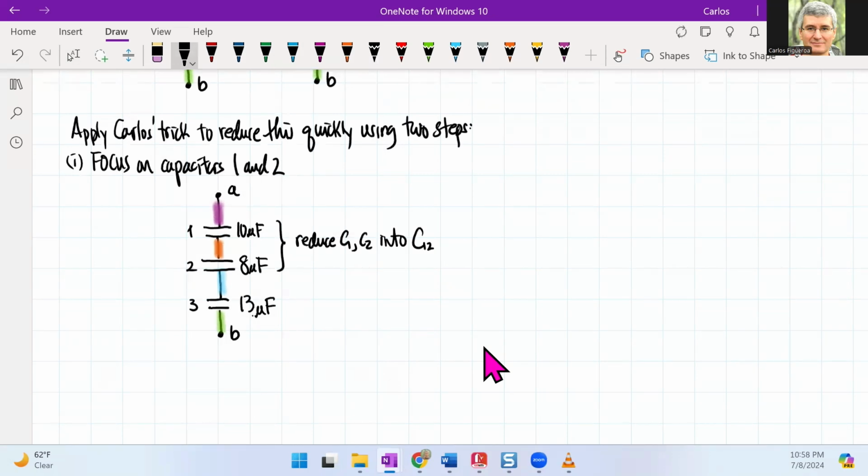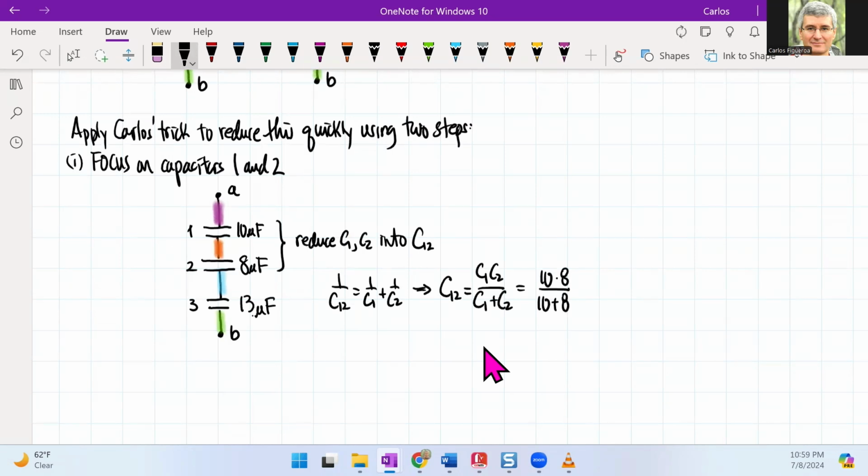So how do I do that? The way I do this is the following. This says that C12 should be 1 over C1 plus 1 over C2, but then I use my trick. If I use my trick, C12 is the combination of these two, which will then be 10 times 8 divided by 10 plus 8.